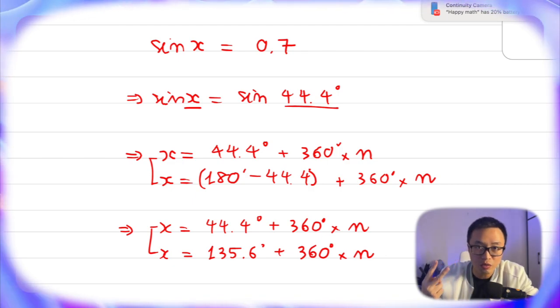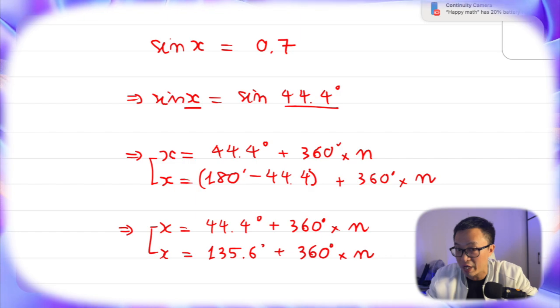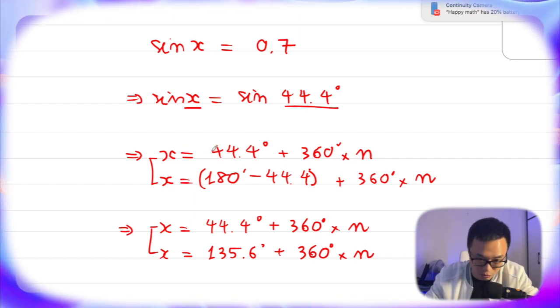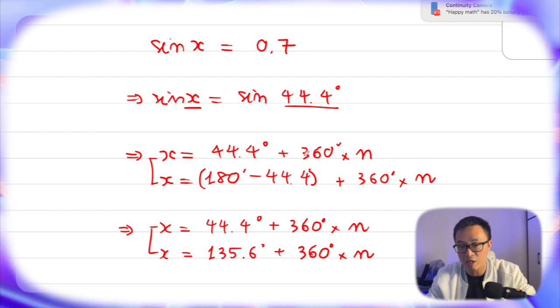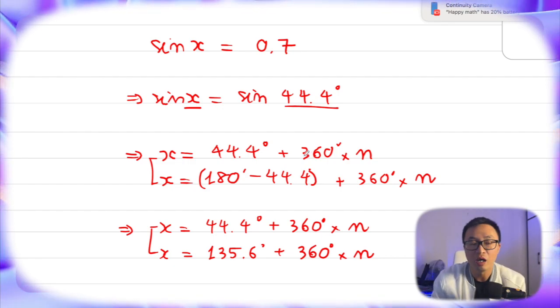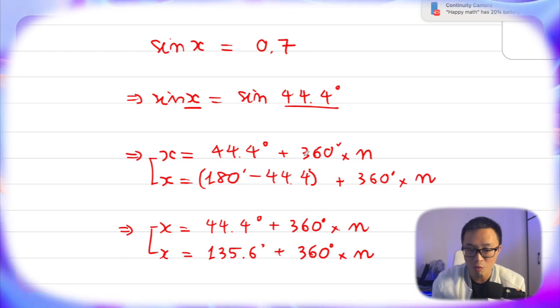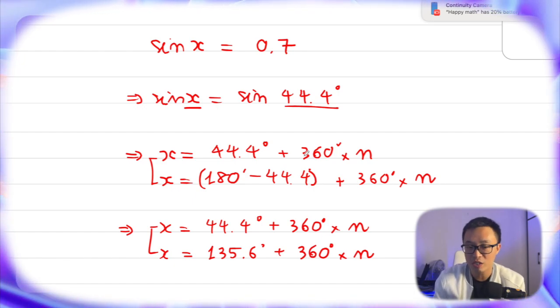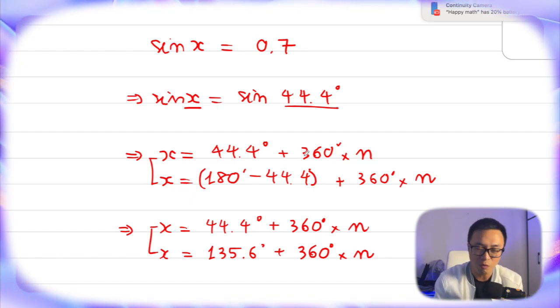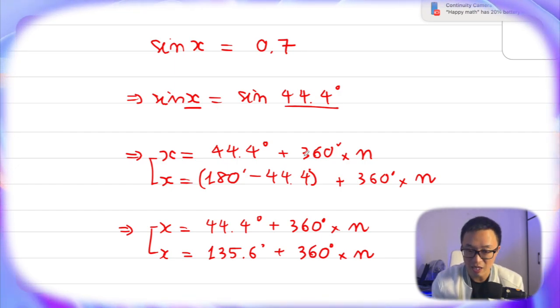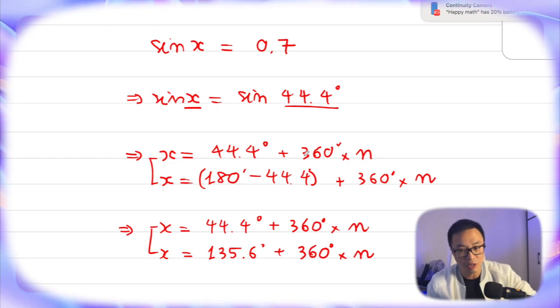You get two formulas for solving for x. The first is to keep the original angle unchanged plus 360 degrees multiplied by n. And the second one, I think about the supplementary: 180 degrees minus 44.4, which means 180 degrees minus the original angle, and then keep the rest unchanged, plus 360 degrees multiplied by n.